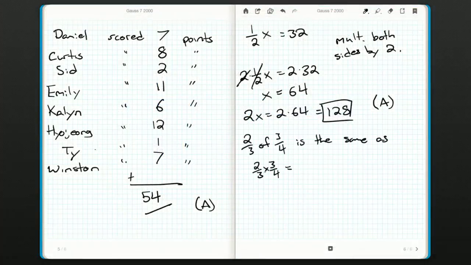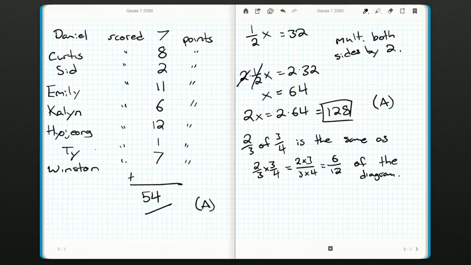And when we multiply fractions, we multiply the numerators and we multiply the denominators. We get 6/12. Now we could simplify that, sure, but we don't really need to. So this is the fraction of squares we need to shade.